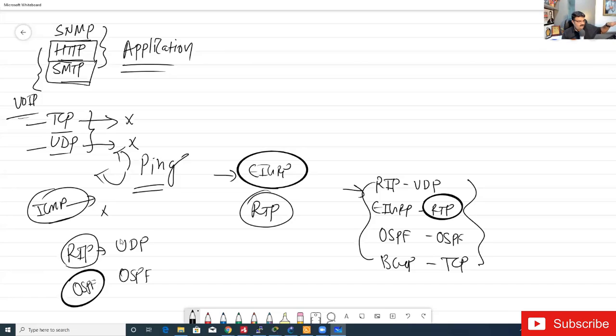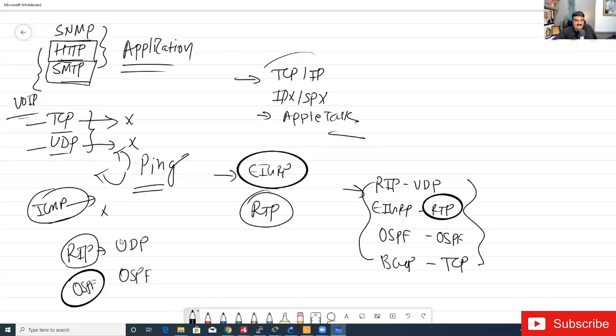So years ago, TCP/IP was not the only protocol for communication. There was a heterogeneous system. TCP/IP was there, and we had IPX, SPX, Internetwork Packet Exchange and Sequenced Packet Exchange, and we had AppleTalk also.